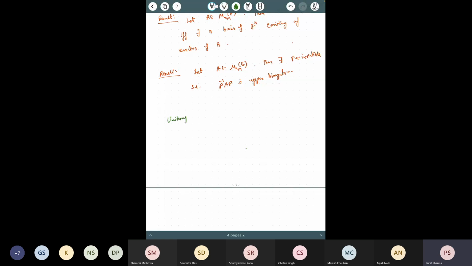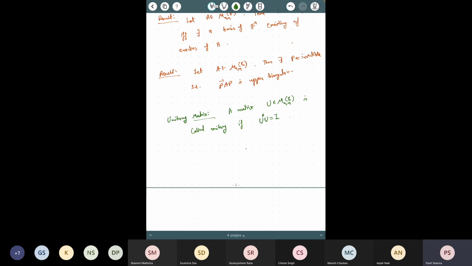Let us start by introducing what is a unitary matrix. A matrix U of size n cross n over C is called unitary if U star U is identity, or you can say the same thing, that U U star is identity.